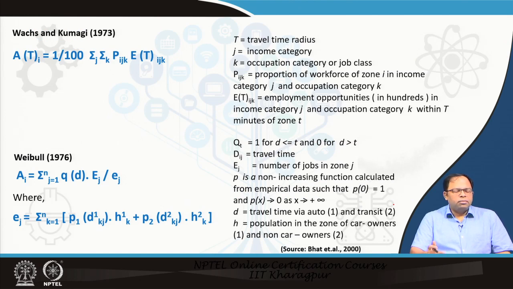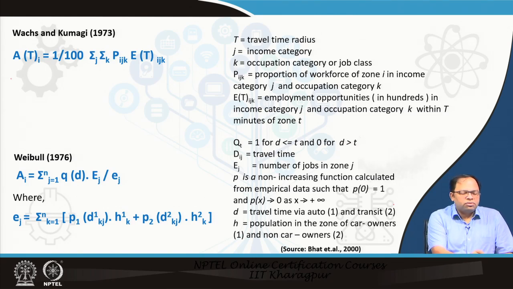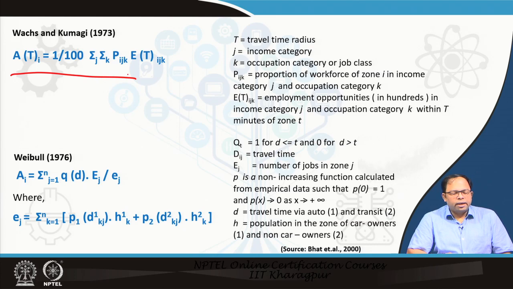So these are some forms of this kind of cumulative opportunity measures, and we can see the first form by Wax and Kumagai, where P_ijk is the proportion of workforce of zone i in income category j and occupation category k.